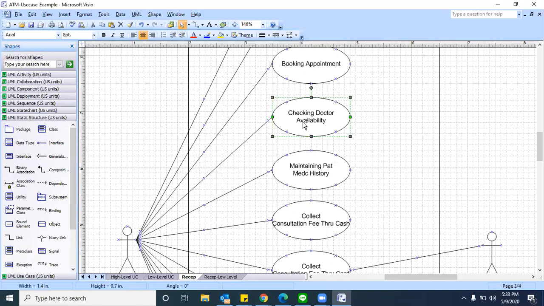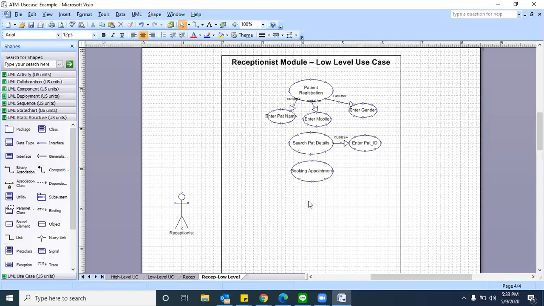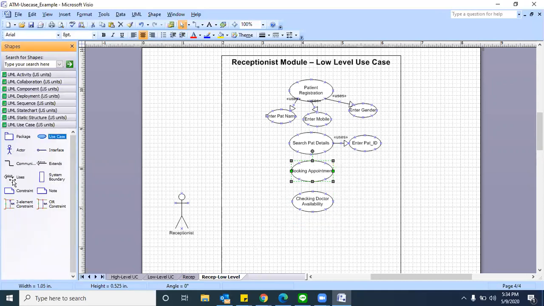Checking availability, right or wrong? Yes. Guys, understood? Straight away I can access even checking availability as well. Even while I'm going to book an appointment, I can check the doctor availability, right or wrong? Yes. This is includes here. So for booking appointment, this is includes. Again, we'll take includes here.